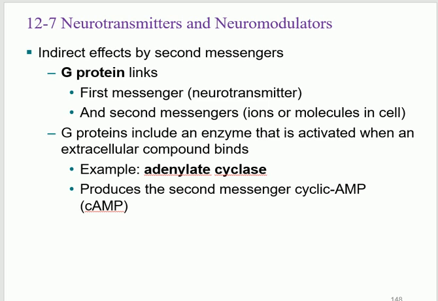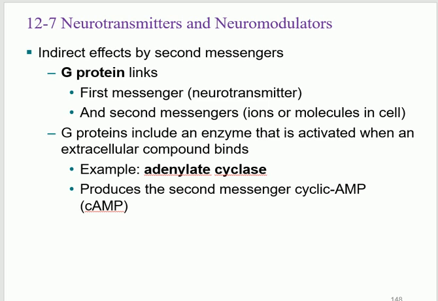And this second messenger can be cyclic AMP most of the time. The enzyme here is called adenylate cyclase. If you didn't understand this, I will say it again. Acetylcholine crosses the gap, interacts with receptor, opens the gates. That's it. Okay? This is a direct way of working. This is for acetylcholine. The others work in a slightly different way, not that direct.